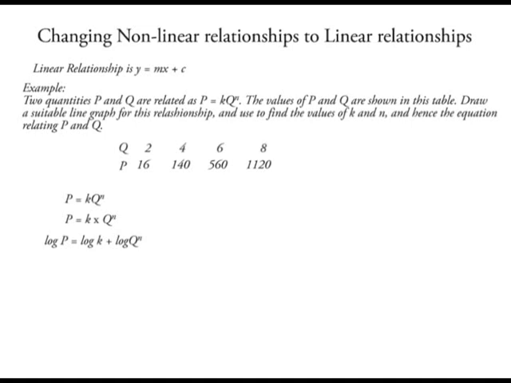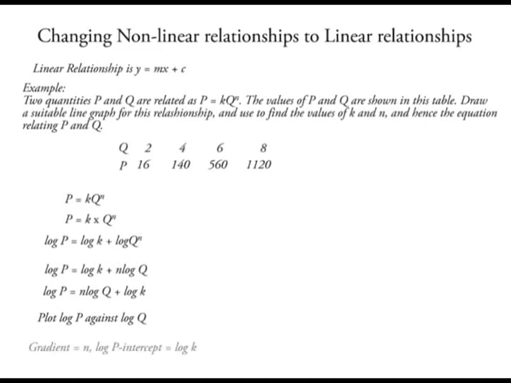Again, we had another law of logarithm, and if we apply it, we shall have log p is equal to log k plus n log q. Rearrange that, log p is equal to n log q plus log k. Now that looks like y is equal to mx plus c. We plot log p against log q. N will be the gradient and log k the intercept.